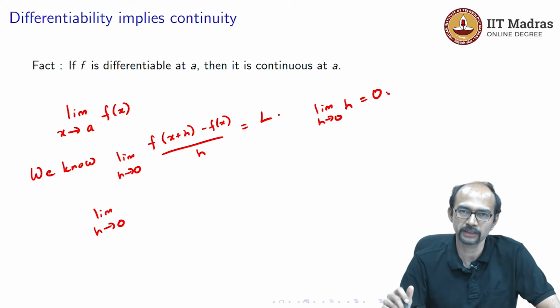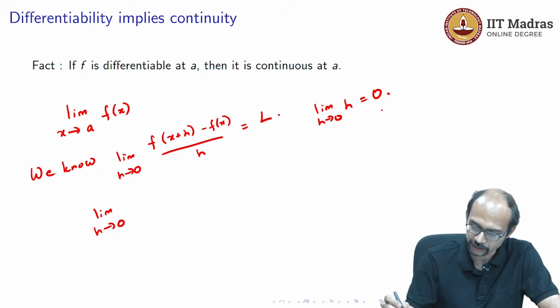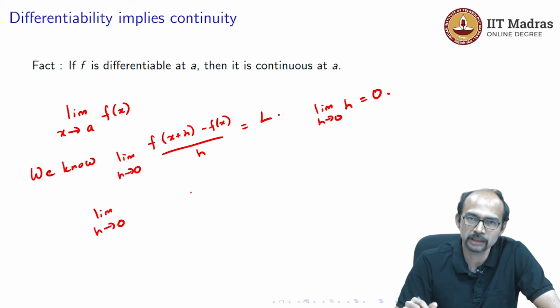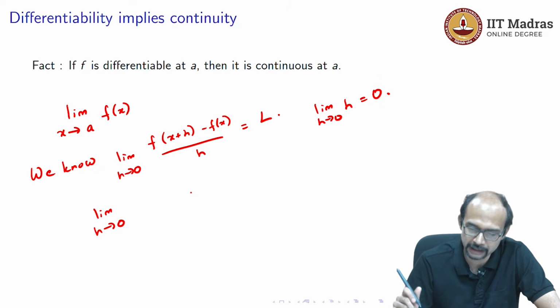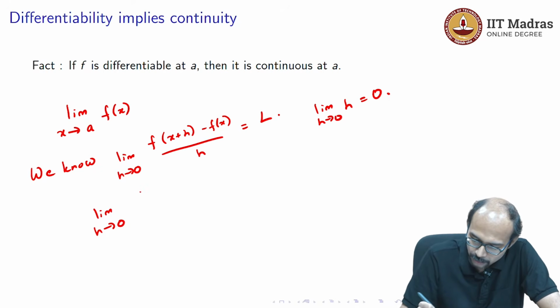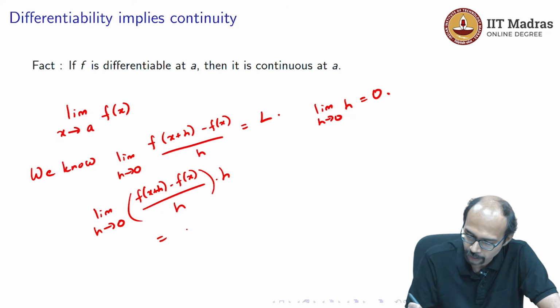We know from our rules for limits that if you multiply two functions whose limits at a point exist, then the limit of the product is the product of the limits. If you take these two functions and multiply, this is exactly the product. So, that is L times 0, which is 0.